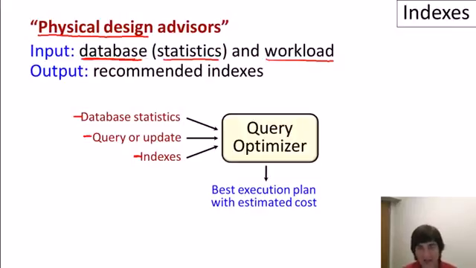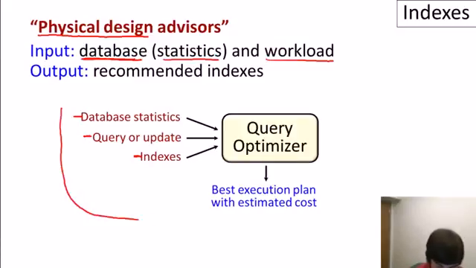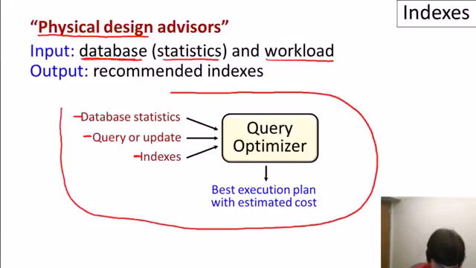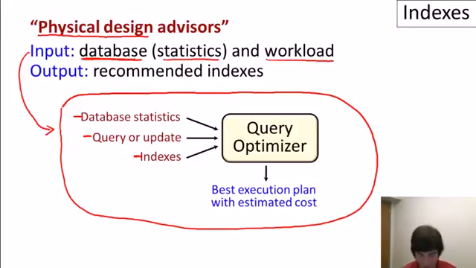So now let's look at how this component can be used to build a design advisor. Let's just draw the design advisor around the whole thing here. And the input to the design advisor, again, are the statistics and the workload, and the output is supposed to be the indexes. So what the design advisor actually does is it experiments with different setups of indexes. For each set of indexes, it takes the workload, it issues the queries and updates to the query optimizer.